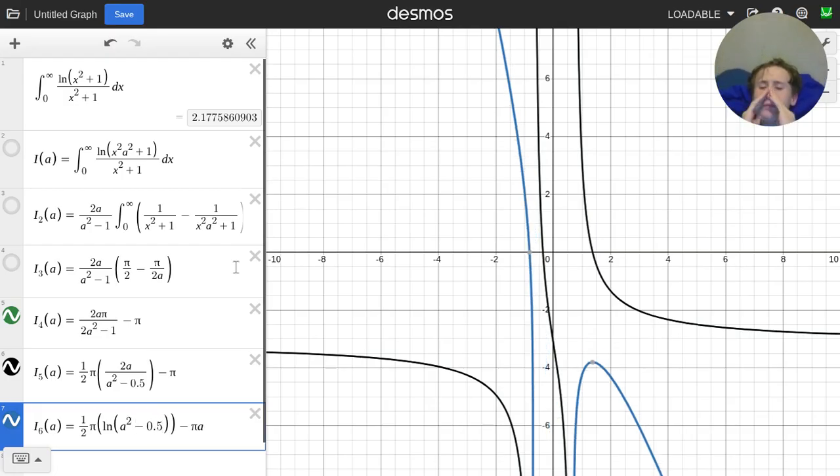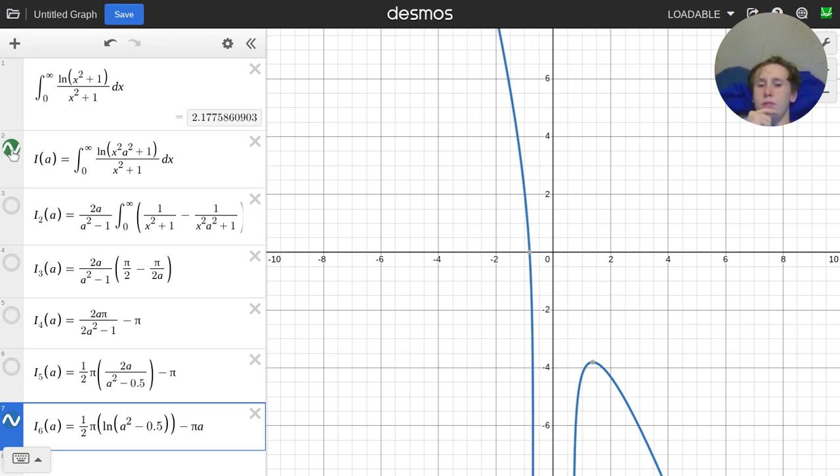What's that? No, it's not right. Because, yeah, this one looks completely different. That's not even the one we're supposed to be looking at.